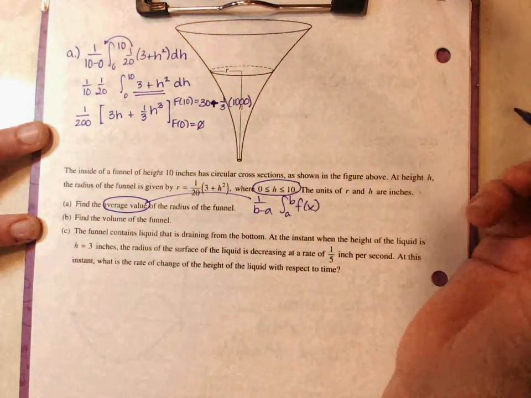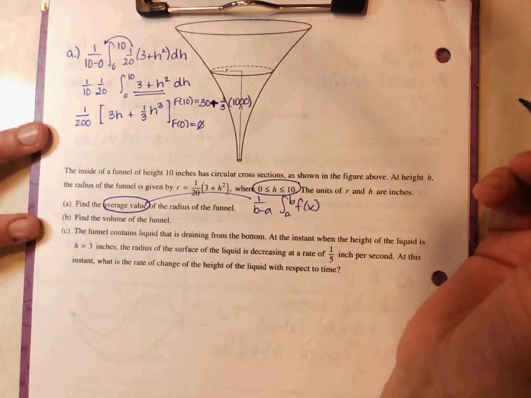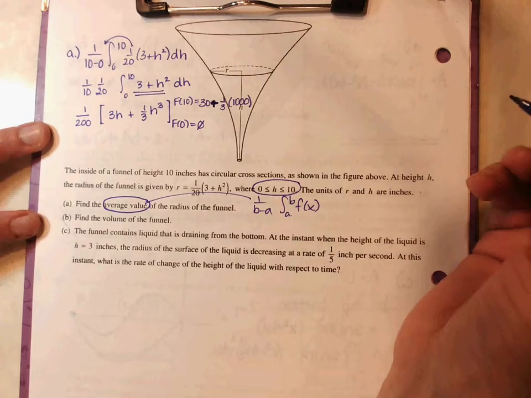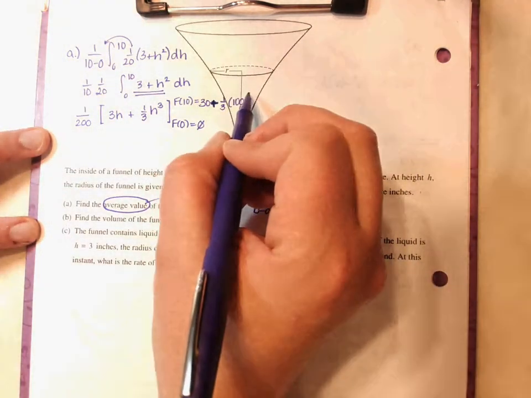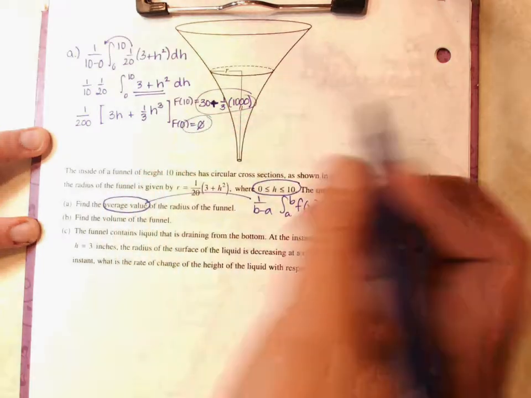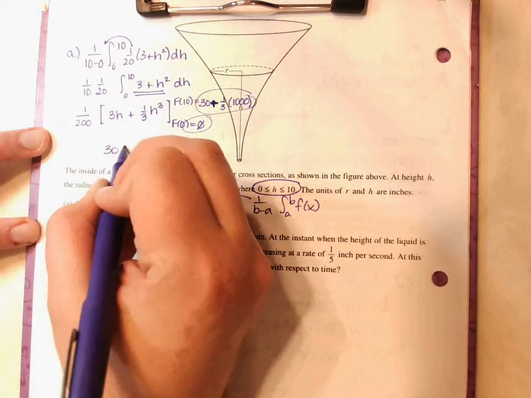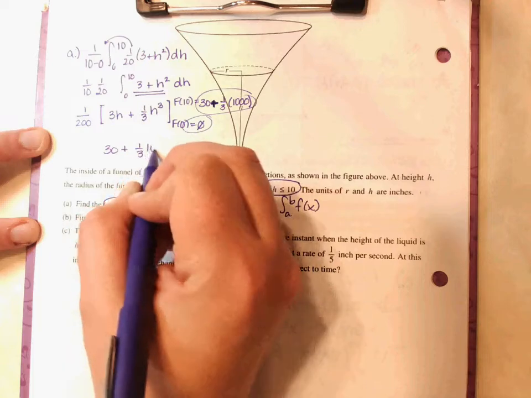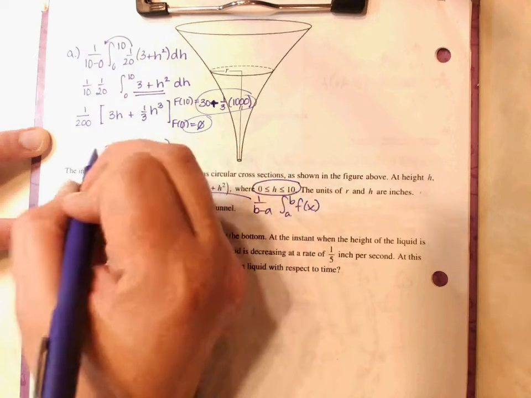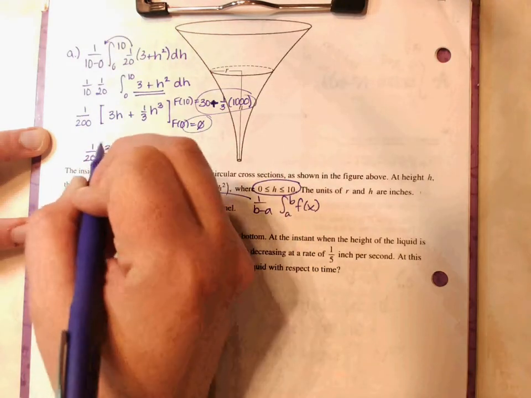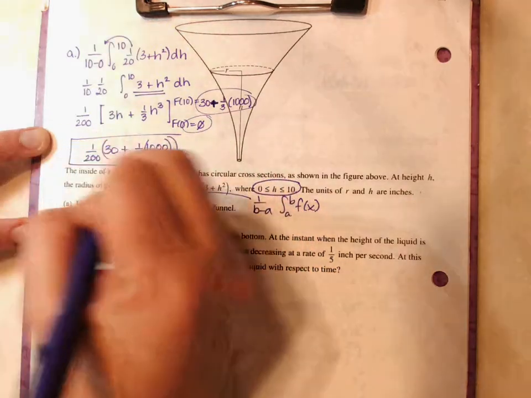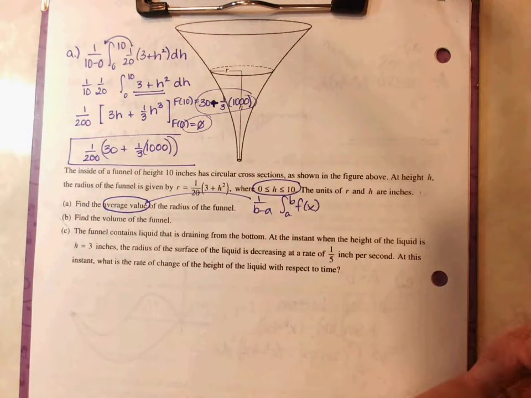Now let's say for whatever reason that you didn't know what 10 cubed is, then you could have just written 10 cubed. Then remember that I have this minus this, so it'd be 30 plus a third of 1,000, with a 1 over 200 in the front. And remember, for part A, that's good enough, okay? All right, go down to part B.